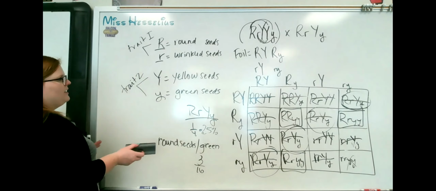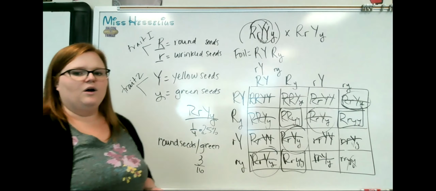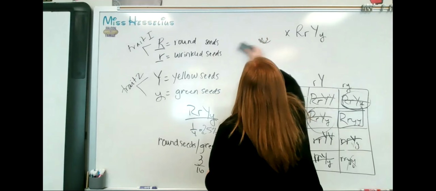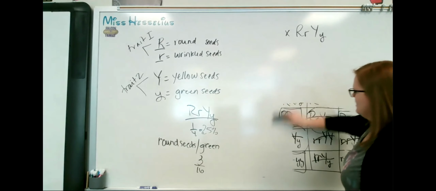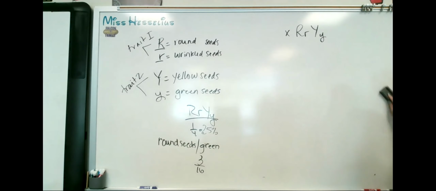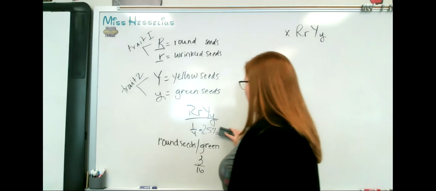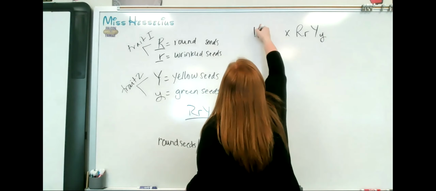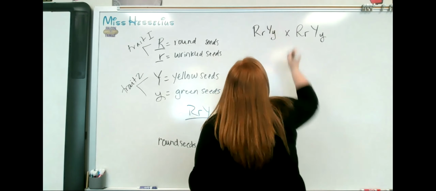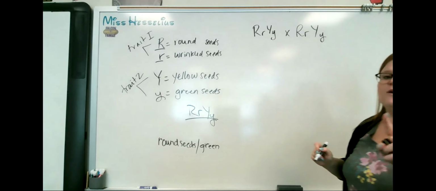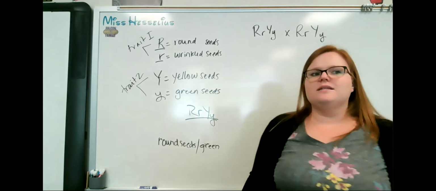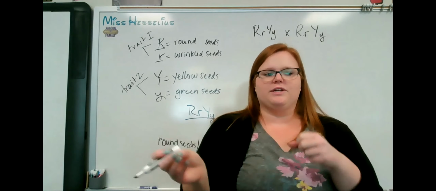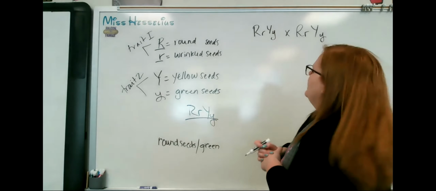Now I want to show you the fraction method of doing the same question. We're going to rewrite this, erase all this work. If you're good at multiplying fractions, this might be the best way for you to do this. Basically, what you have to do is just 2 monohybrid crosses. Because of Mendel's laws of inheritance, you inherit all of your traits separately, or we assume that at least.